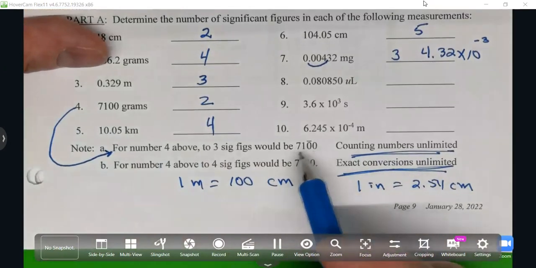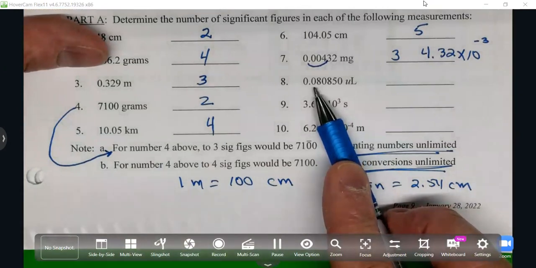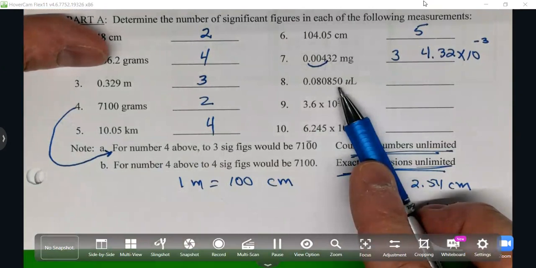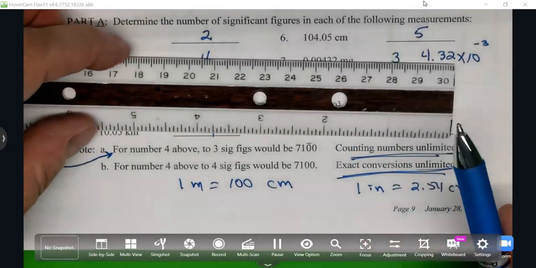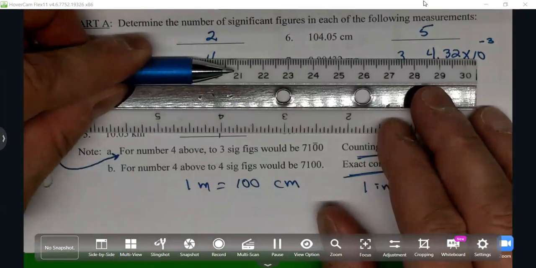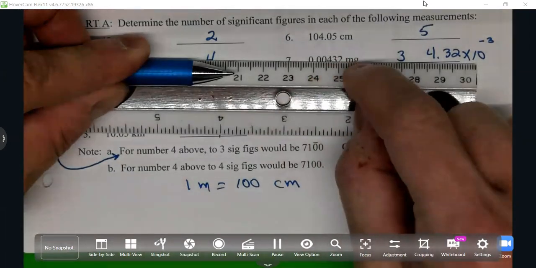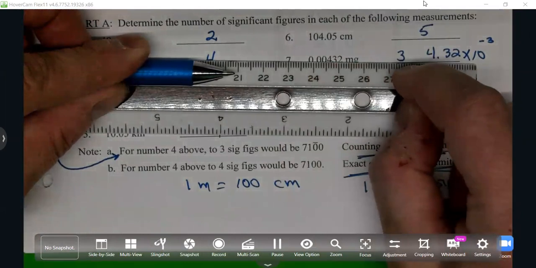Now, number 8. This 0 right here is not going to count if you put it in scientific notation, correct? What about this last 0? Good one? Yeah, this is a good one. Otherwise, why would they write it down? That's similar to what I said last time: if it is spot on, and you use this ruler in lab, which you are going to do next week, every measurement in centimeters should have 2 decimal places.